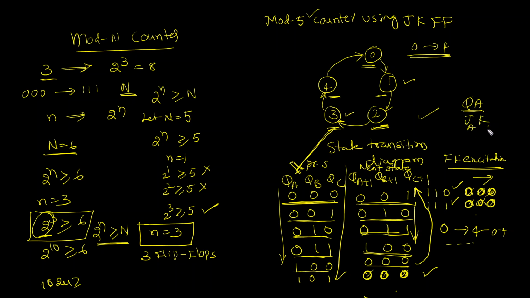For JA, KA, what inputs am I supposed to apply such that I get a 0 to 0 transition, or a 0 to 1 transition, or a 1 to 0 transition? For each and every flip-flop, we have to write the flip-flop excitations, the flip-flop inputs.